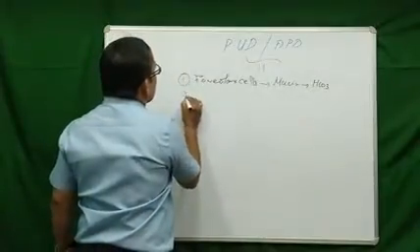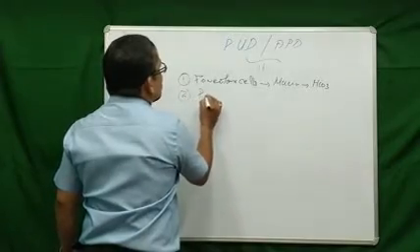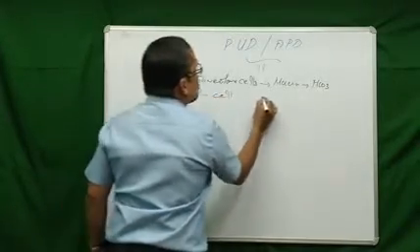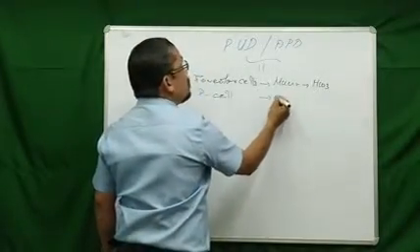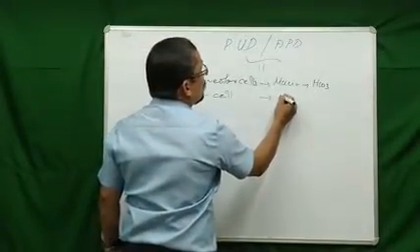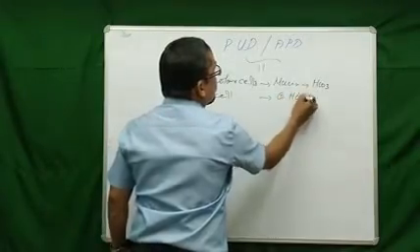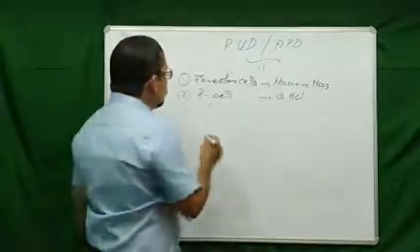Next is the P cells or parietal cells, which are responsible for secretion of gastric HCl, hydrochloric acid.